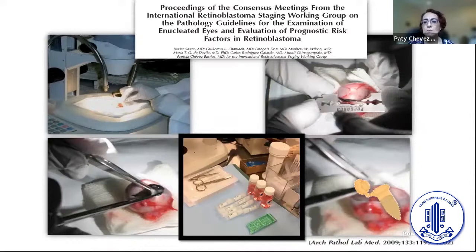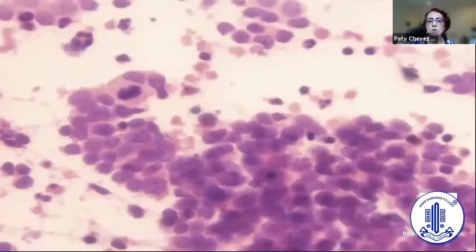As we have published with the International Retinoblastoma Staging Group, the guidelines for how to examine and manage these eyes, we do it under the microscope to select the viable tumor. That's the one that we are going to harvest for genetics, treatment, or research.